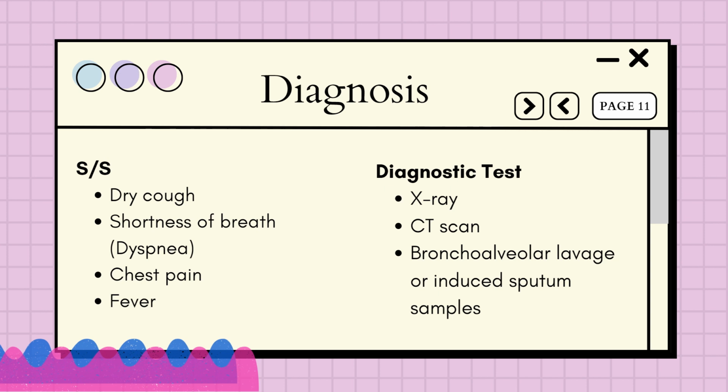For the diagnostic test, we have chest X-ray and CT scan, which are imaging tests that create pictures of the inside of the body, and the bronchoalveolar lavage or the induced sputum sample. This can be obtained by coughing deeply, and the expelled material that comes from the lungs is taken to a lab to identify the pathogen that caused the infection.